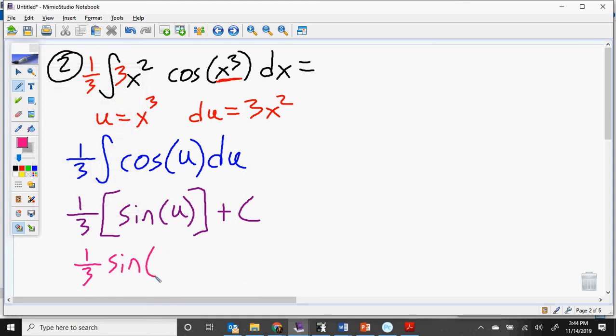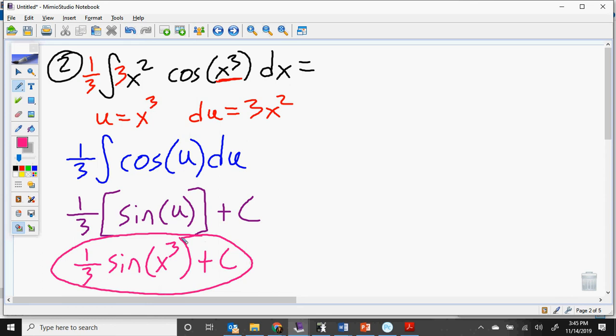Well, I let u be x cubed, so x cubed plus c. And yes, I know you hear the bell in the background. That doesn't mean you can leave. Sorry. So 1/3 sine of x cubed plus c. That is answer choice B.